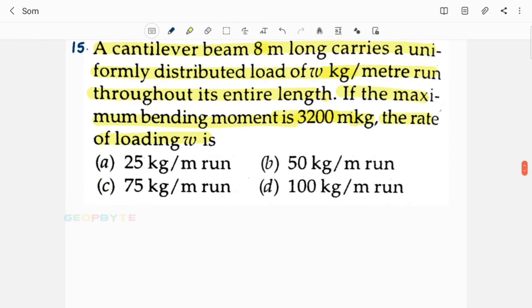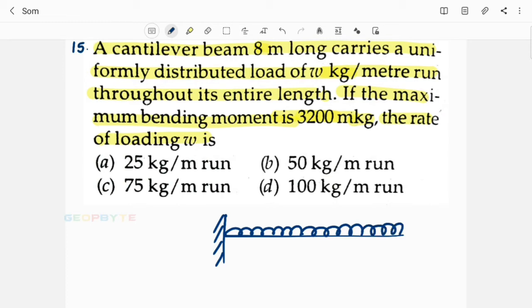This is the problem for the cantilever beam with UDL over its entire length. The UDL may be W, the length may be L.